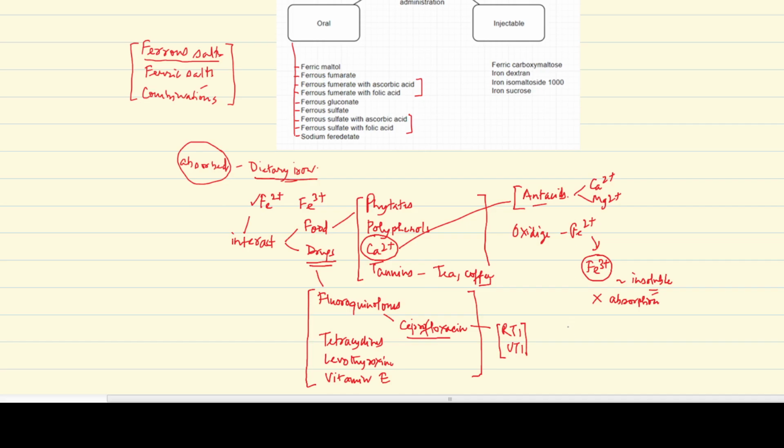So you give the iron preparation and you separate the other drugs in time. After giving iron preparations, maybe after at least 2 hours, you can administer these interacting drugs.